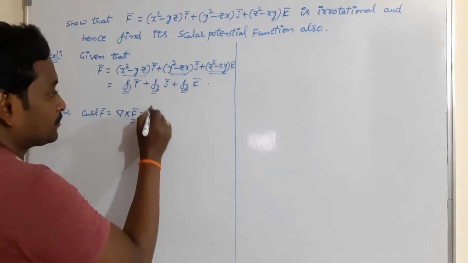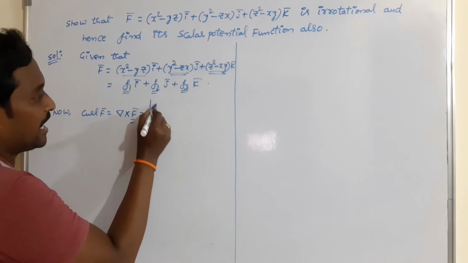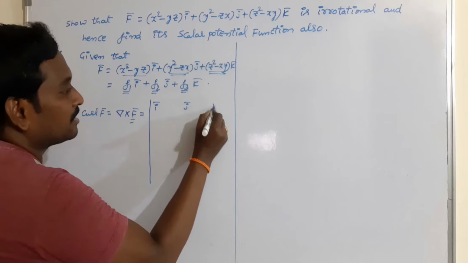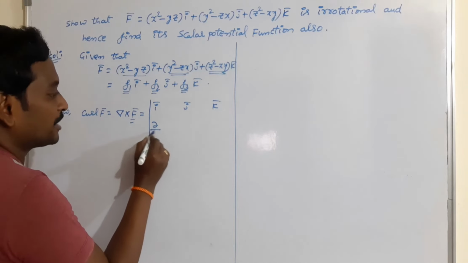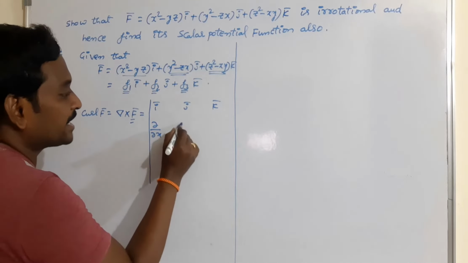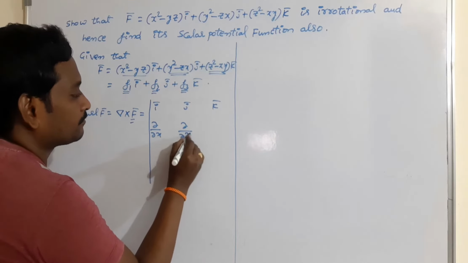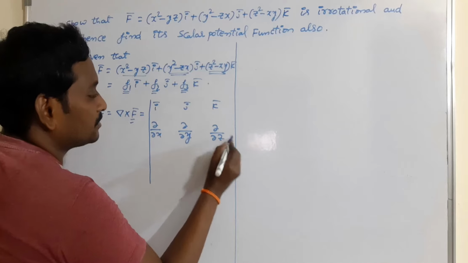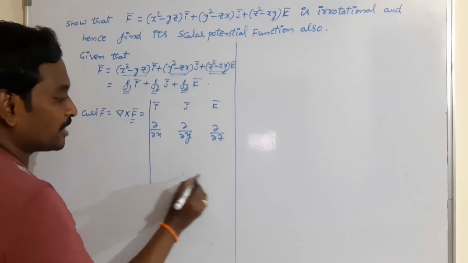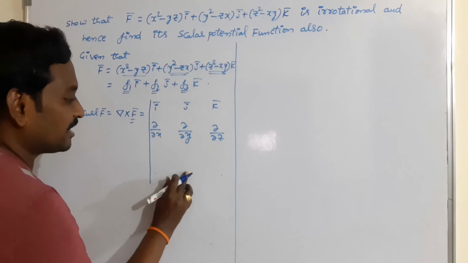Don't forget it. So i bar, j bar, and k bar. The second row is dou by dou x, dou by dou y and dou by dou z. And finally, here you have to write the components of f bar, f1, f2, f3.